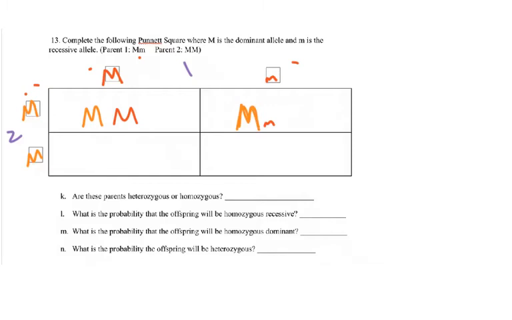Again, uppercase M, uppercase M. And then finally, uppercase M, lowercase m. The questions. Are these parents heterozygous or homozygous? Well, parent 1 has an uppercase and a lowercase, but parent 2 has 2 uppercase. So there is 1 of each.